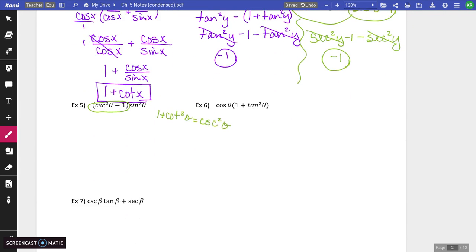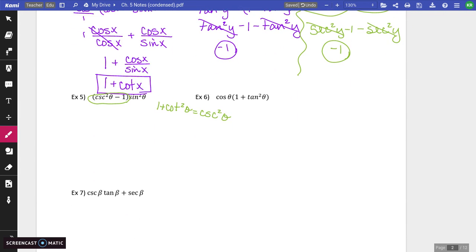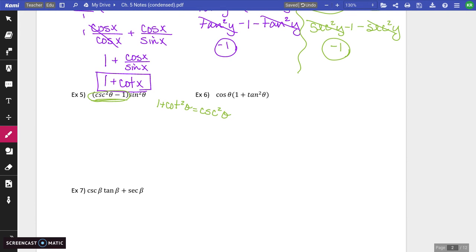Well, this is solved for cosecant squared, but if I look at what's here, I've got cosecant squared minus 1. Can I manipulate this Pythagorean identity to mimic this cosecant squared minus 1? And you can. It's an equation, so I can subtract that one from both sides.